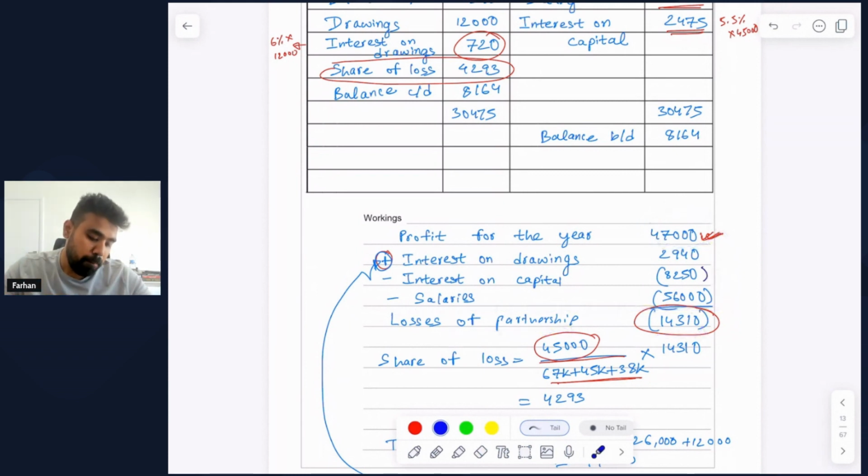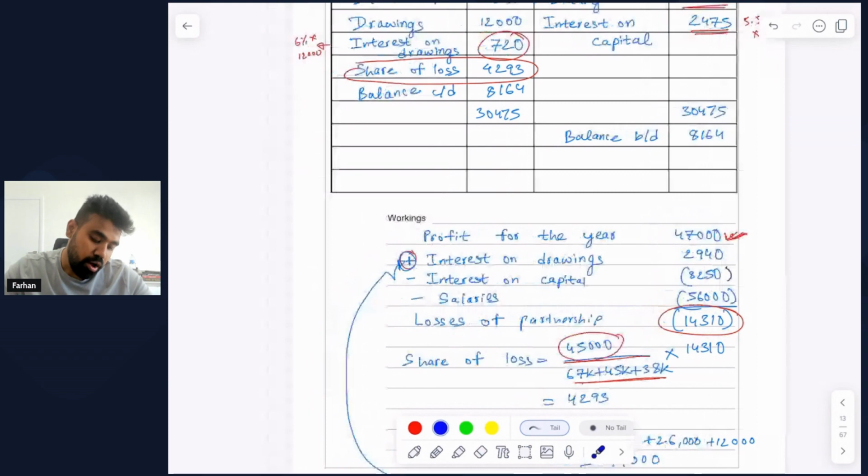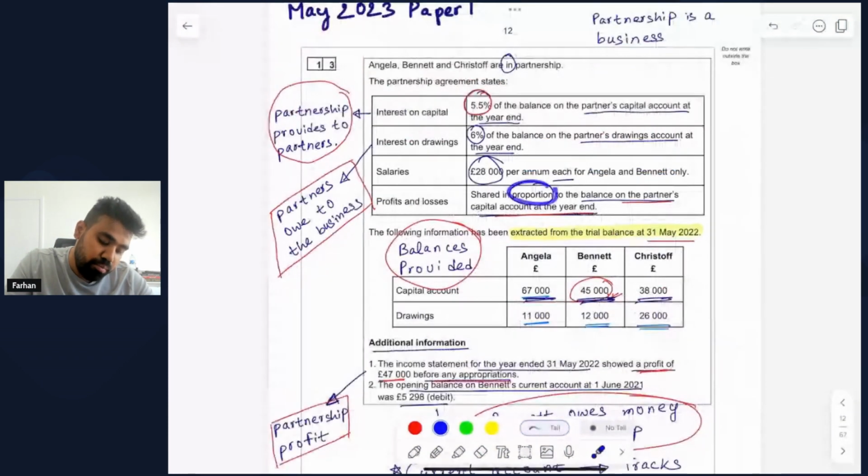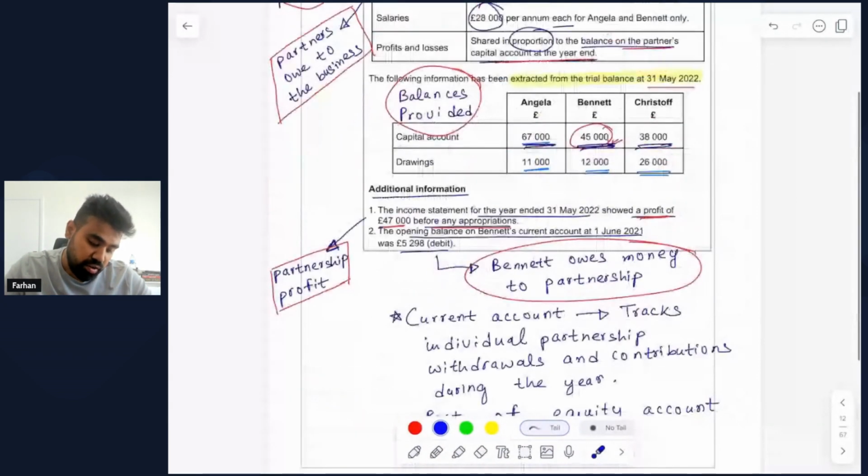Okay, so based on the first table, we know that profits and losses need to be distributed in proportion to the balance on the partners' capital accounts at the end of the year. What does that mean? Let me show you some calculations here.